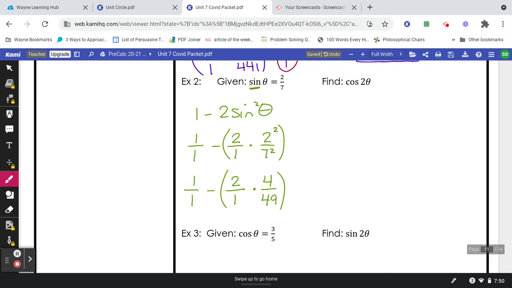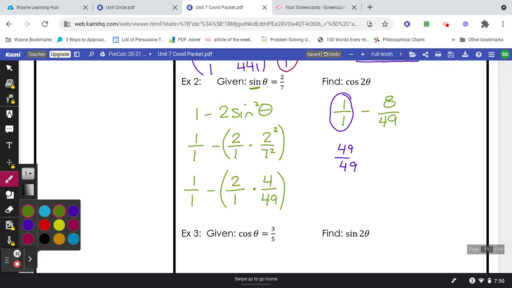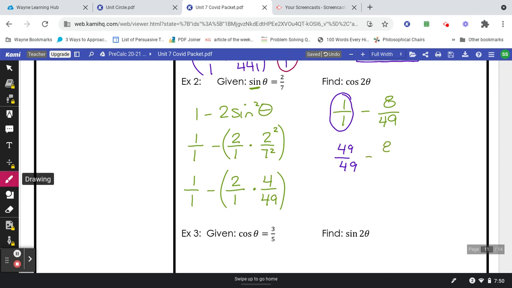I'll multiply those together, just bringing over the 1/1. 2 times 4 to get 8. 1 times 49 to get 49. Then I'll have to make common denominators. So 1/1 can turn to 49/49. That way I have a common denominator with that 8/49. Once I subtract those, I get 41/49.